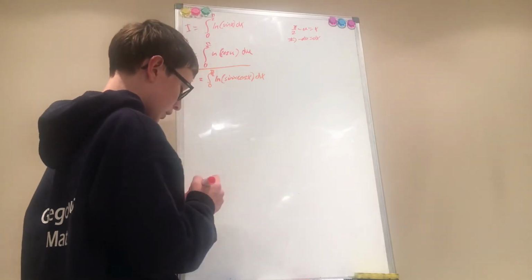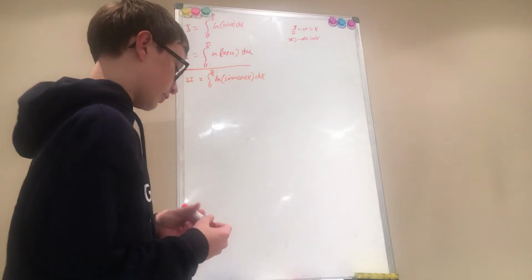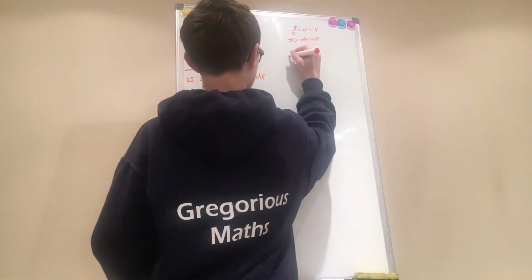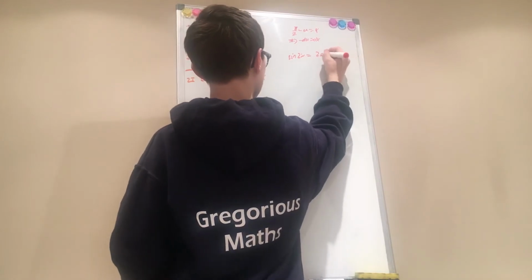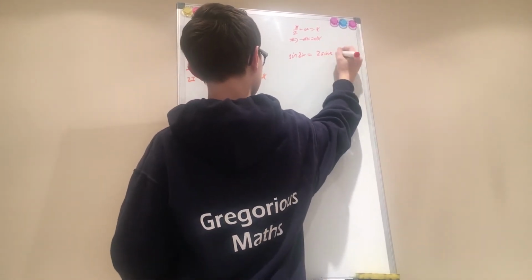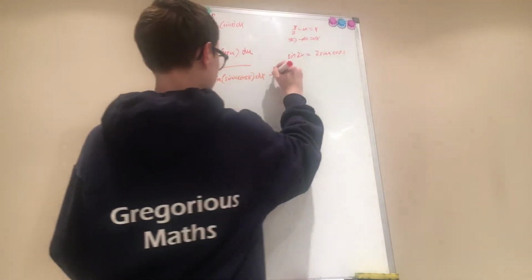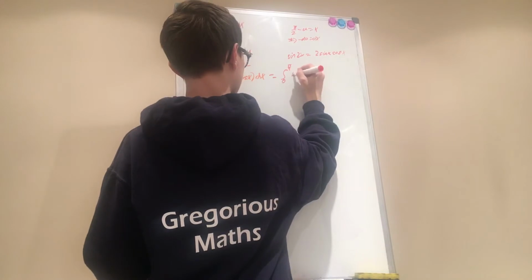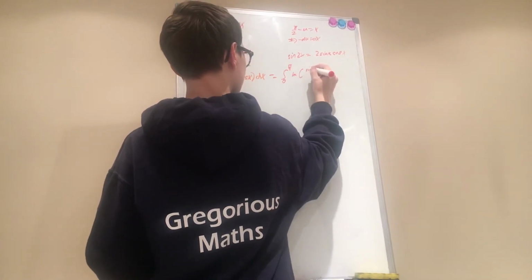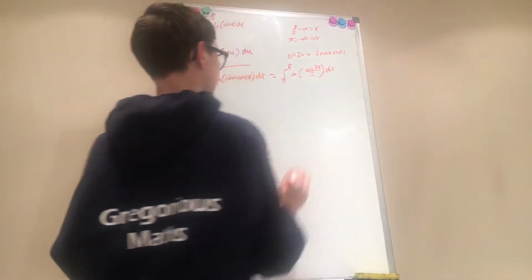And now, recall a pretty famous trig identity. The double angle formula for sine. Sine of 2x is 2 sine x cosine x. Okay? So this is equal to the integral between 0 and pi over 2 of ln of sine of 2x over 2 dx.